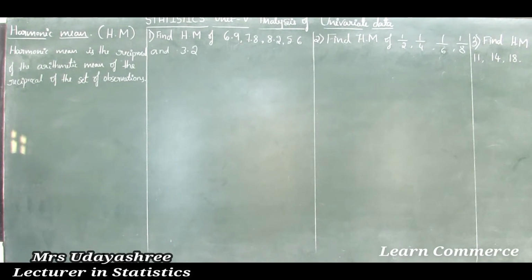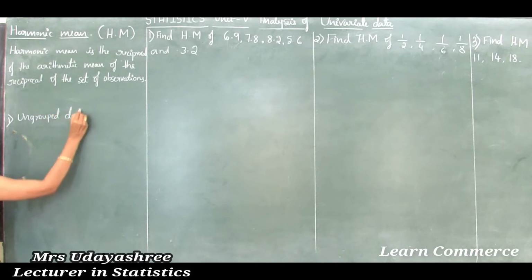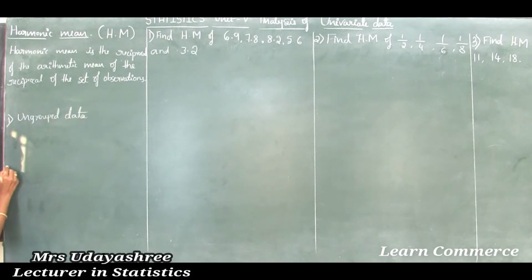First, let's see the calculation of harmonic mean. In calculation of harmonic mean, there are two cases. First one is ungrouped data, and case 2 is grouped data.